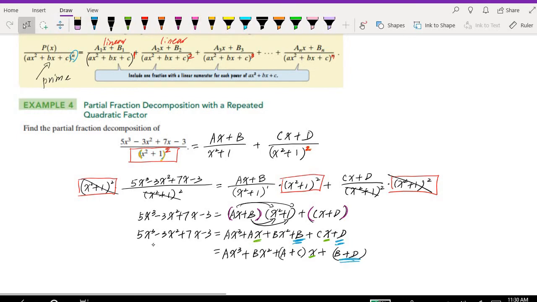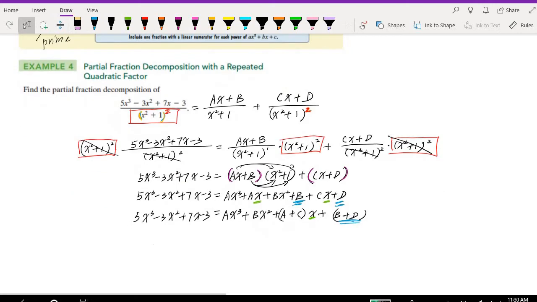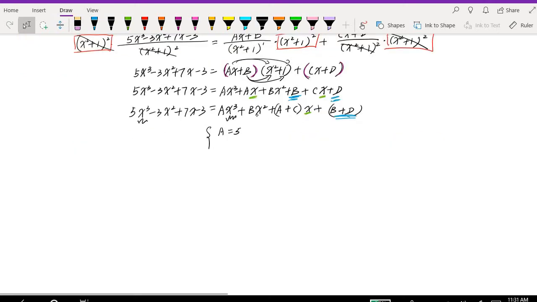Okay, then we're going to look at the left side. Let's compare this. We have an x cubed here, and we're going to have an x cubed here. So then I realize my a is just going to be equal to 5. Then we're going to do the next one. We have an x squared here, so I'm going to have b equal to -3. I'm just writing the constant to the right hand side.